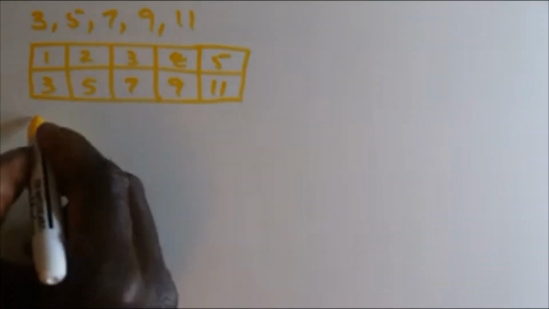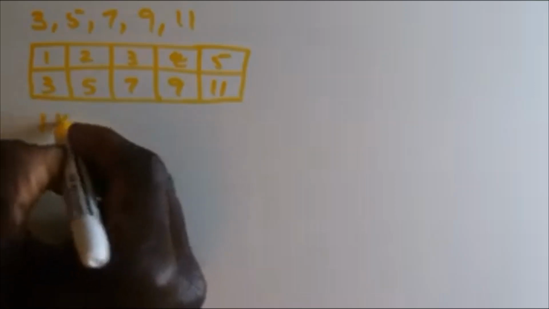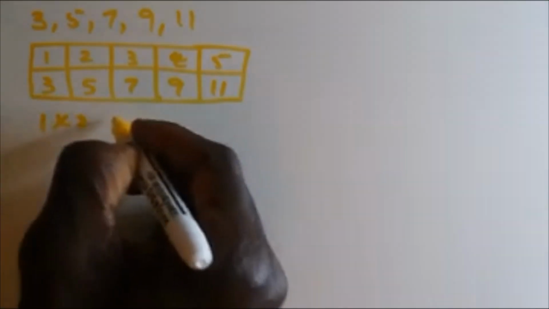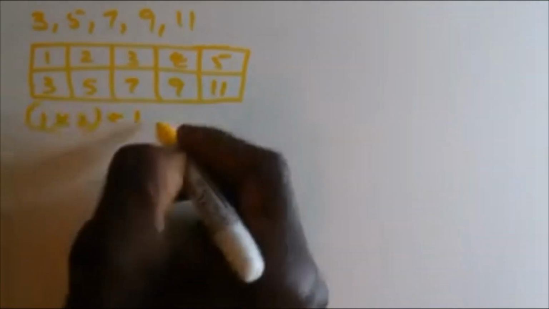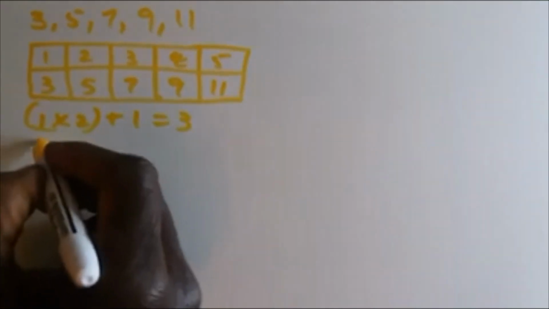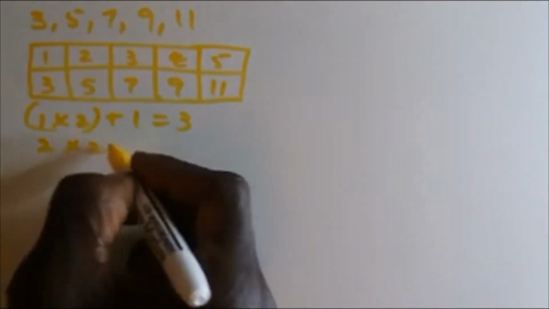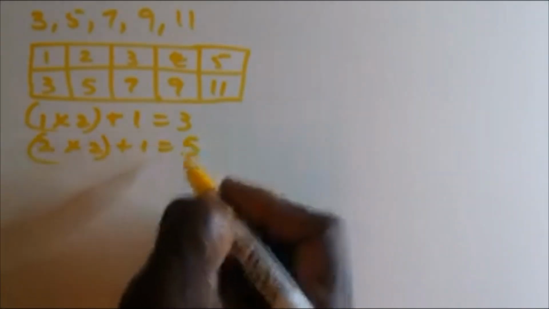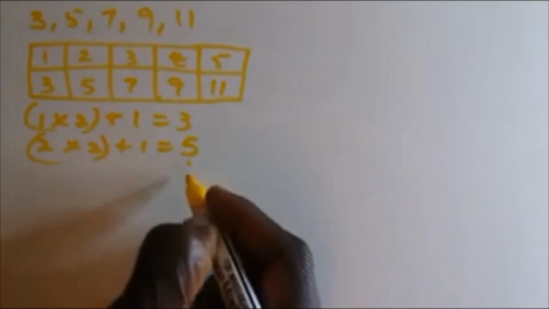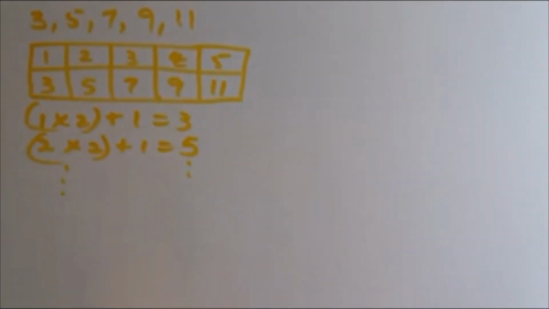And if we look at a pattern here, we can see 1 times 2 add 1 is equal to 3, and 2 times 2 add 1 is equal to 5, and so on. So this will continue, and we can see a pattern emerging.